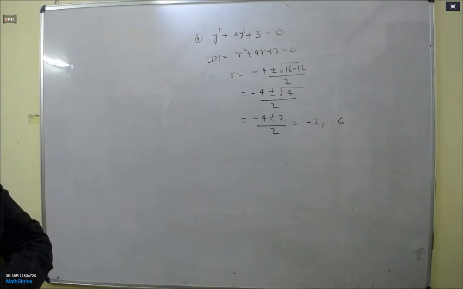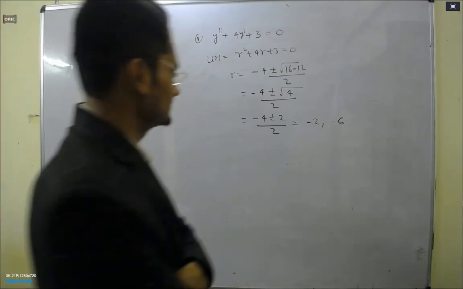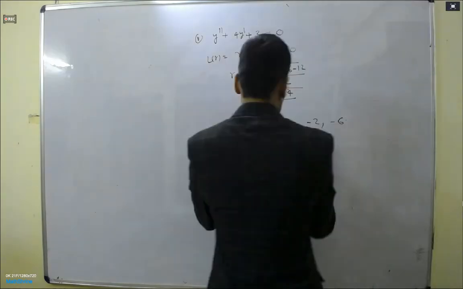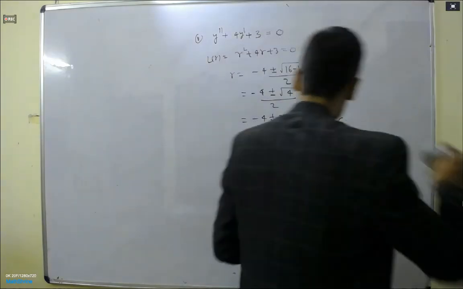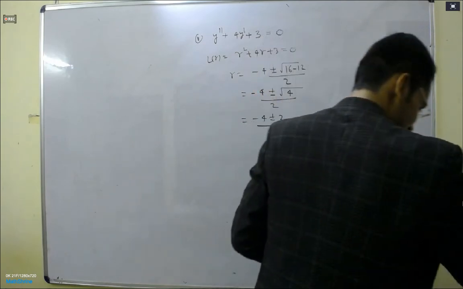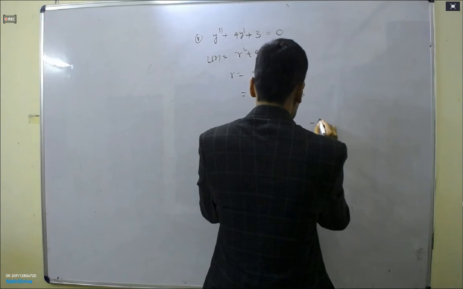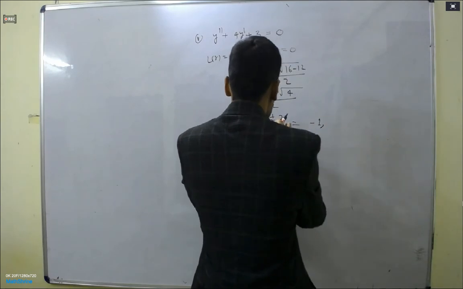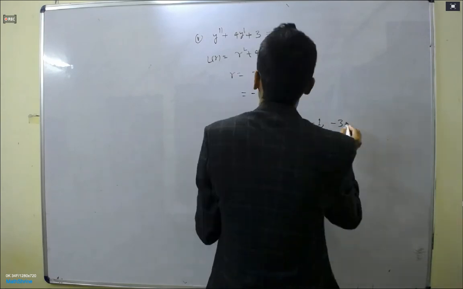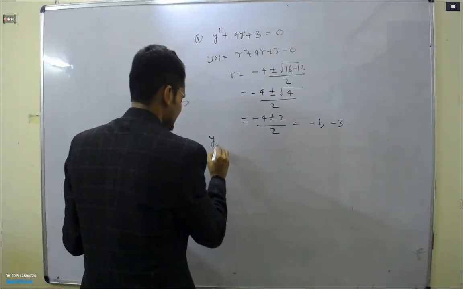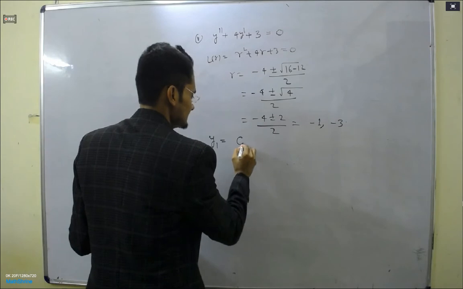Then the first solution will be y1 is equal to e raised to the power minus x, y2 is equal to e power minus 3x. If you notice, the first option: y1 tends to 0 as x tends to infinity. The second option: y2 tends to 0 as x tends to infinity.